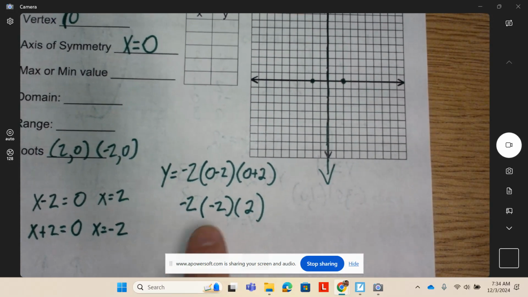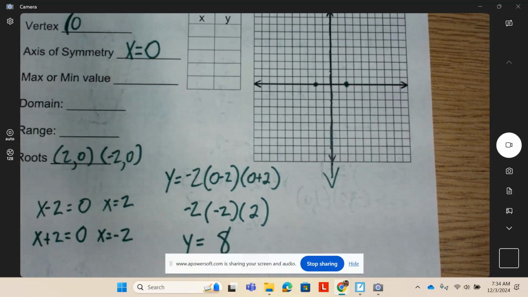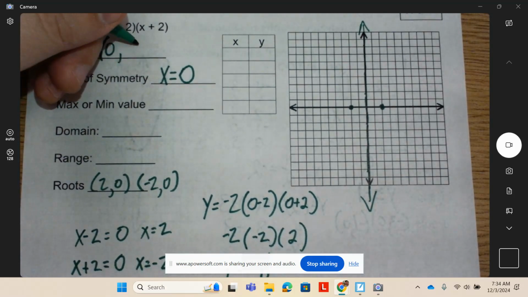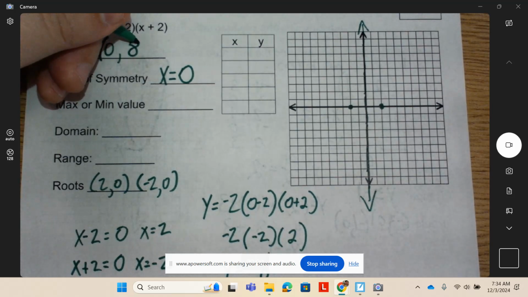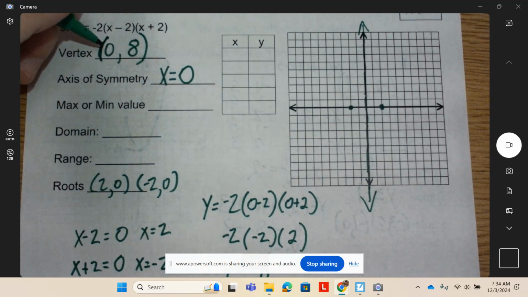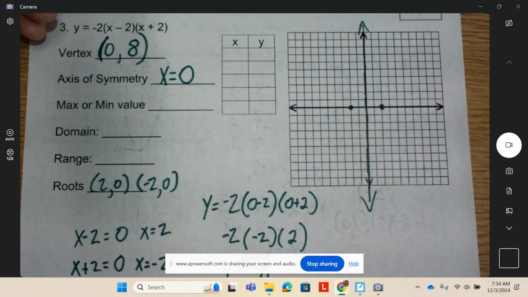I have a negative and a negative, which would make that a positive 8. So y for my vertex would be a positive 8. And as you probably already figured out, one of these numbers, the x value, gives us the axis of symmetry, and the y value is going to give us our maximum or our minimum.